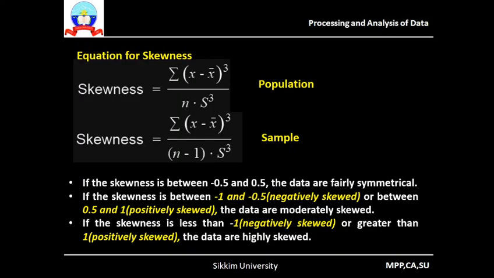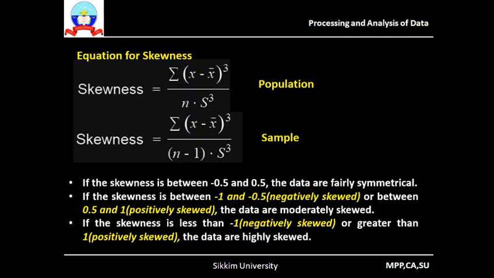Now let us move on to the equation for skewness. Skewness is equal to the sum of the cube of the differences between the data points and the mean, divided by the product of the total number of instances and the cube of the deviation.